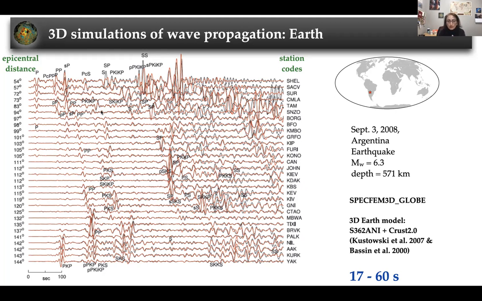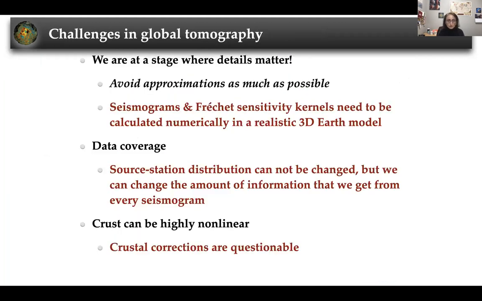And I also would like to add that this is a really nice earthquake, a very clean earthquake, because it's a deep one. And not all our data is that good, mainly where the waveforms become much more complicated, especially for shallow earthquakes.